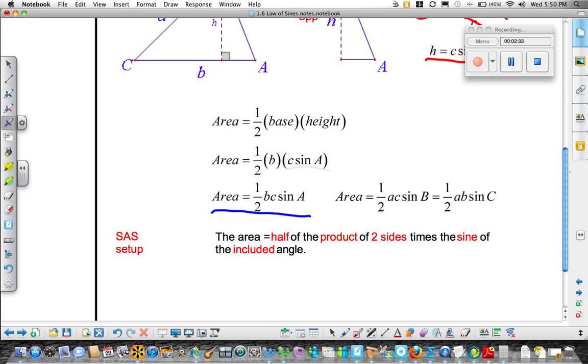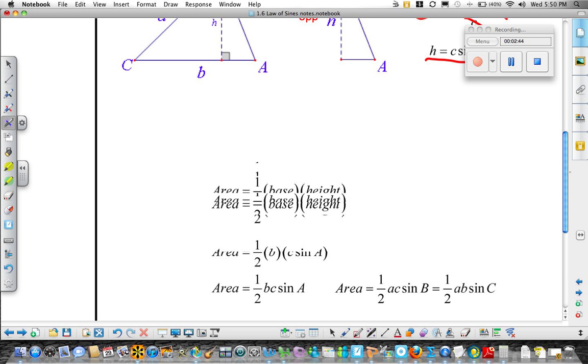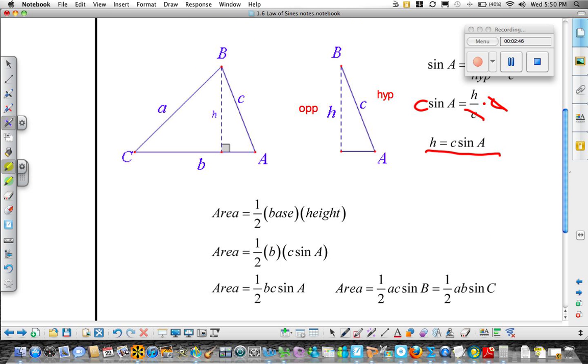Now, it's very true that not all triangles are going to be labeled ABC. So what's really important here? Think about the information I told you that we knew in this case. We knew this side right here, we knew this side right here, and then we knew the angle that connected those two sides.